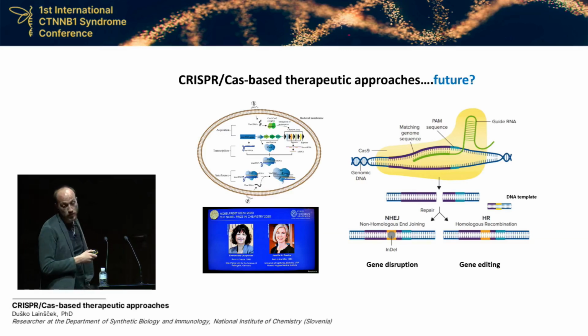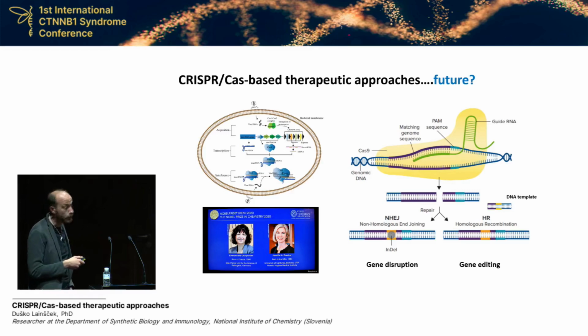And this knowledge was then in 2012 extrapolated and translated into the mammalian genome, where they found out that this approach of modifying genome integrity and also influencing transcription regulation can also be applied to the human genome. And for that, Jennifer Doudna and Emmanuel Charpentier were awarded the Nobel Prize in Chemistry.